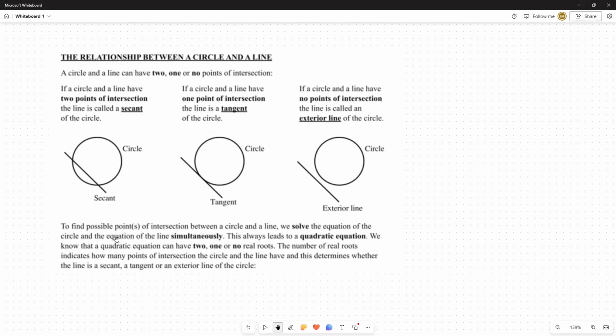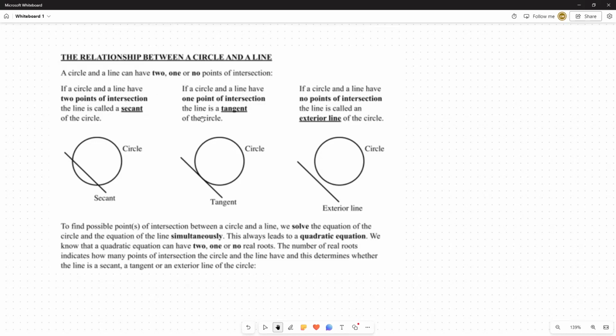So you should be able to tell whether a line is a secant, tangent, or an exterior line. What you're going to do is solve simultaneously your circle equation with your line equation. And if you get 2 points, it means that the line is a secant, because a secant will intersect your circle at 2 points.